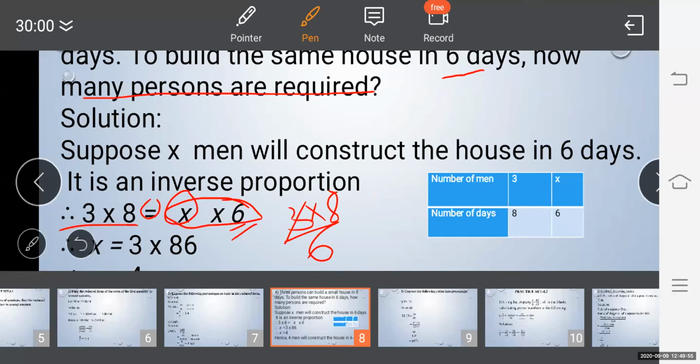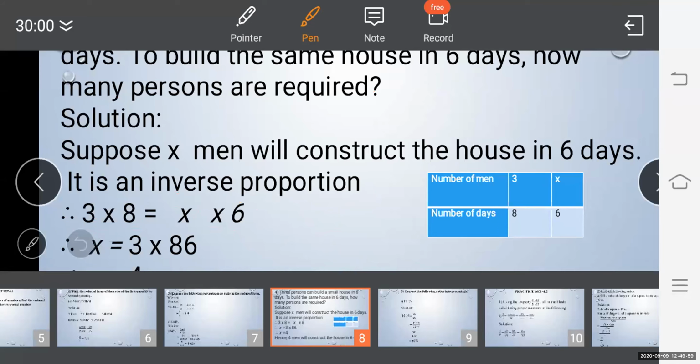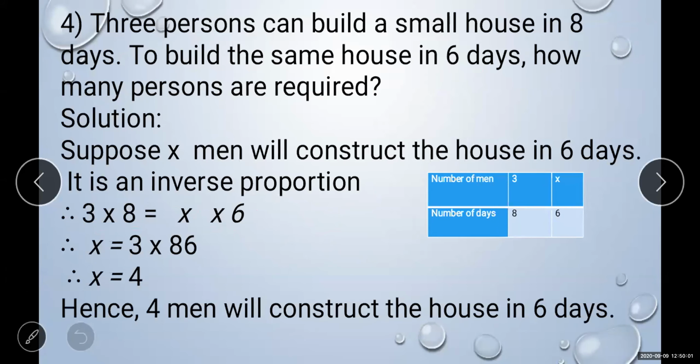So have you understood? Okay. So here the fourth question is completed, and the fifth question I'm going to take.